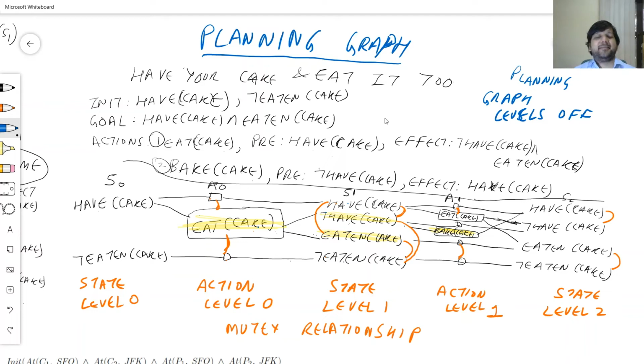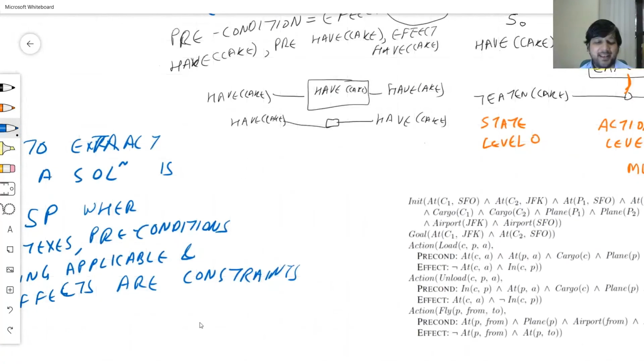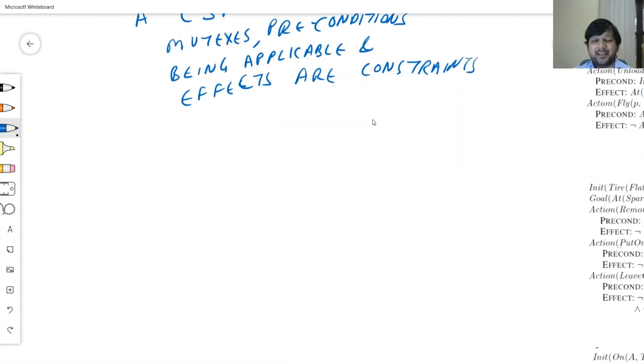So maybe till level 2 my CSP fails, level 3 fails, level 4 fails, level 5, 6 fails, level 7 it succeeds. And that is the new iterative deepening problem. So my new iterative deepening kind of problem is intuitively the algorithm called the graph plan algorithm.